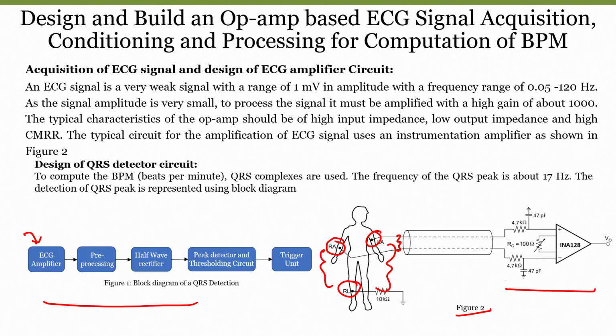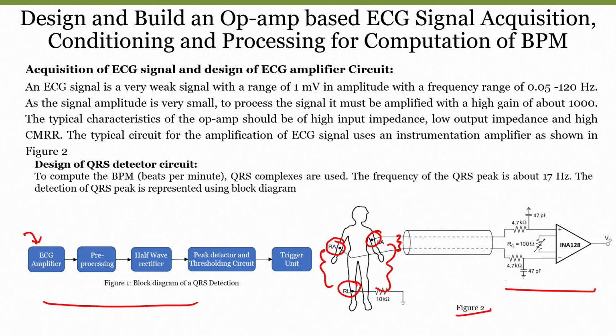And moreover, when we observe the amplitude of the ECG signal, the maximum amplitude is within a range of 1 millivolt, and those are really small amplitudes, and it will always have a very low signal to noise ratio, right.